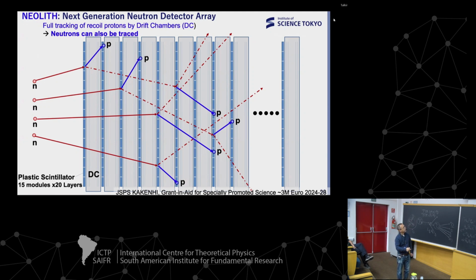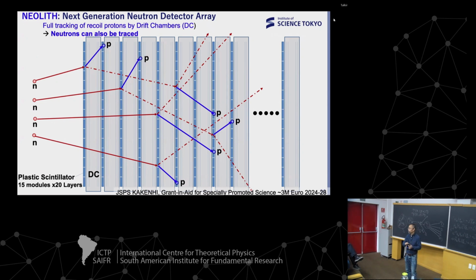So we actually proposed this project. These parts are plastic scintillators, and these parts are plastic scintillators too, but in between, we sandwich drift chambers. Drift chambers are very high quality tracking detectors.